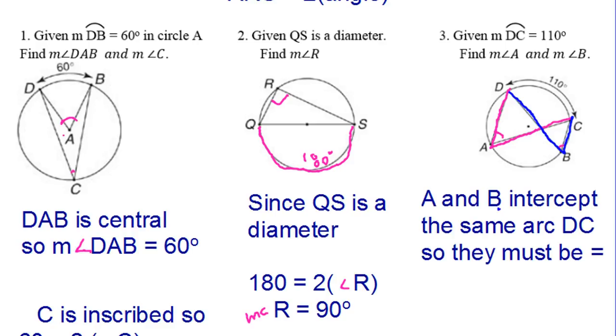Angle A and B intercept the same arc, arc DC, so those two angles have to be equal. You can set this up any way you want. I just worked with angle A. So 110 equals 2 times angle A, and then divide by 2. Angle A is 55 degrees, so angle B also has to be 55 degrees.